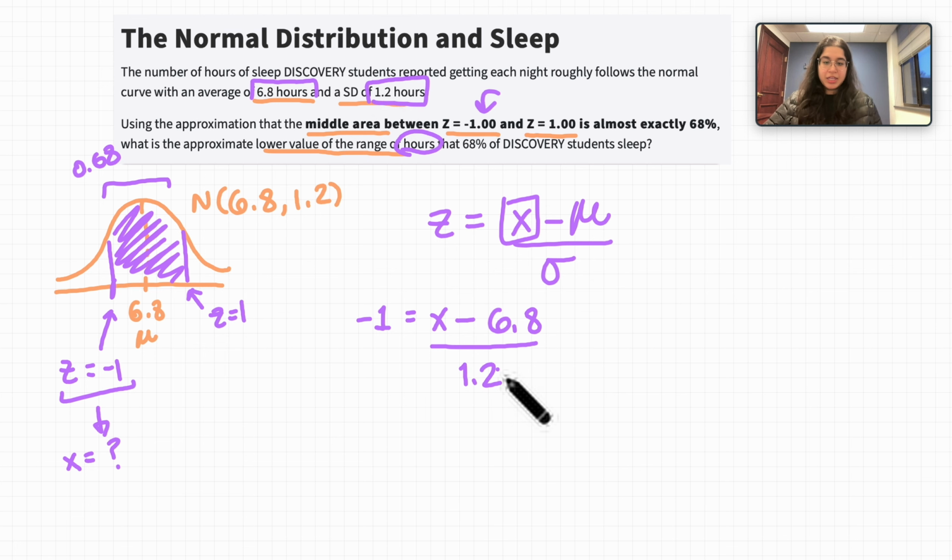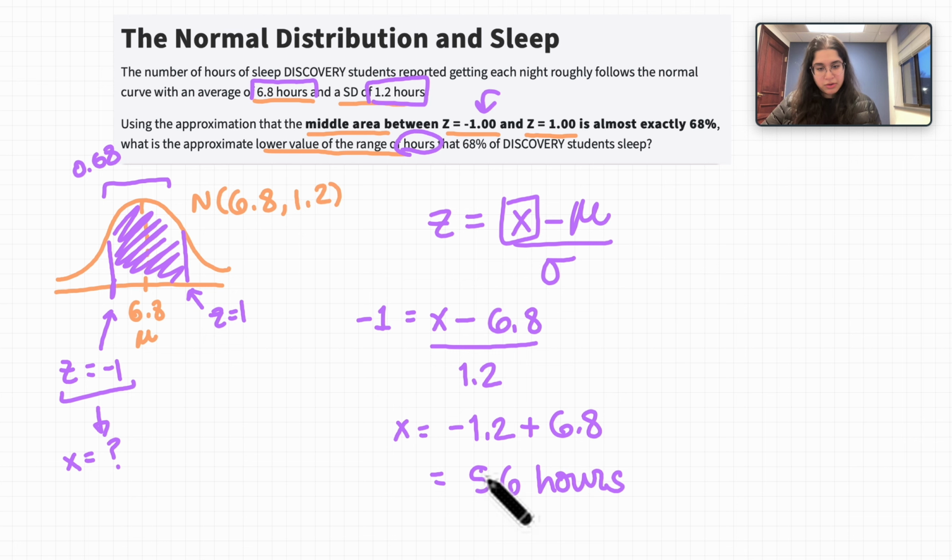Now I can just go ahead and calculate this. Using a calculator, x is going to be equal to -1.2 plus 6.8, which is 5.6 hours.